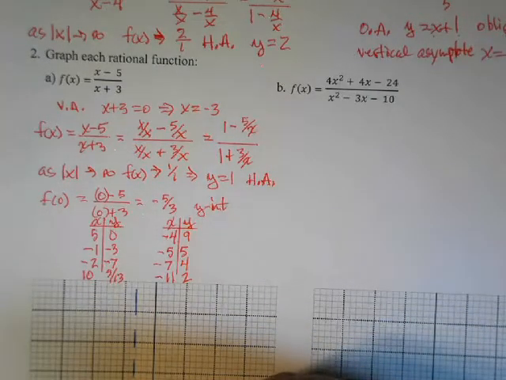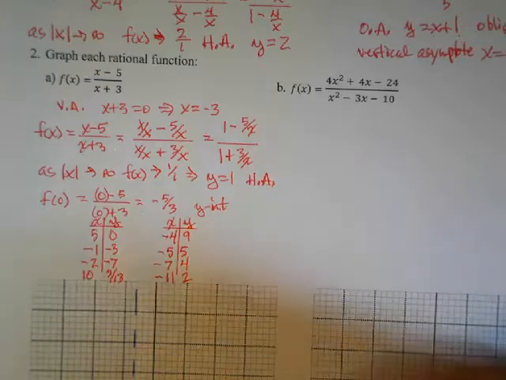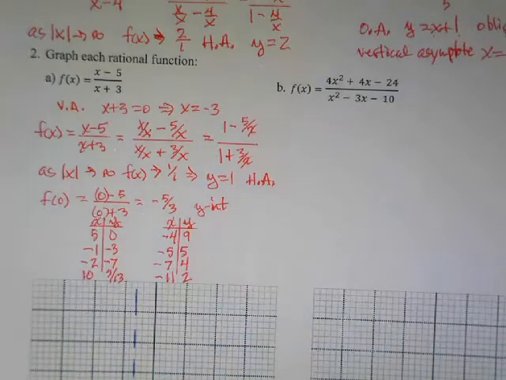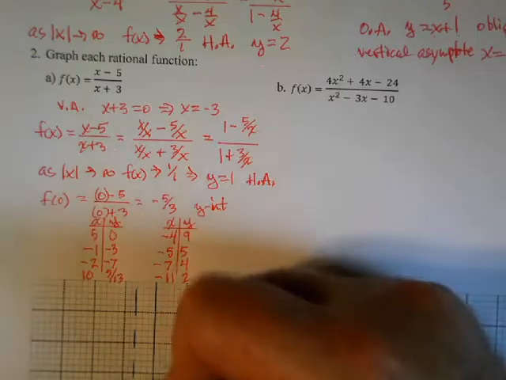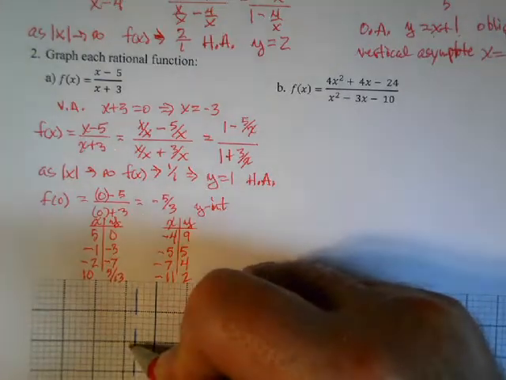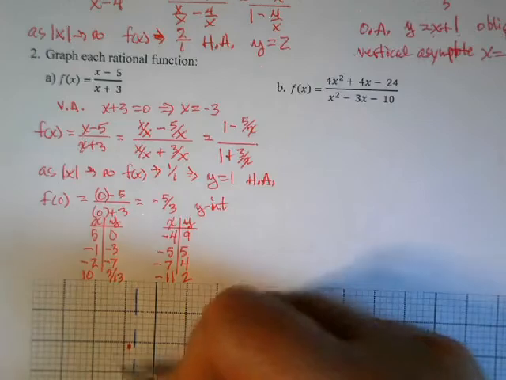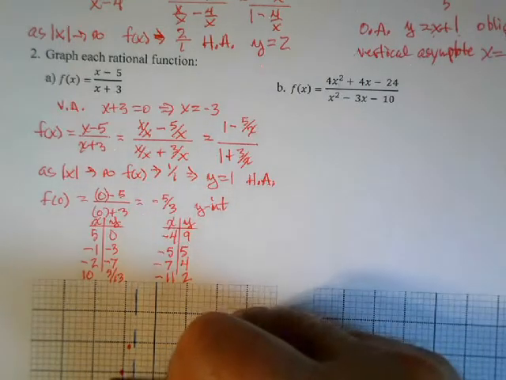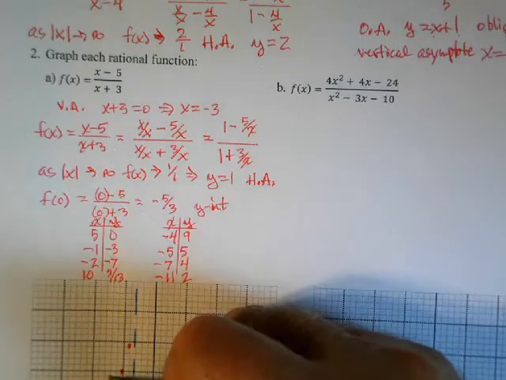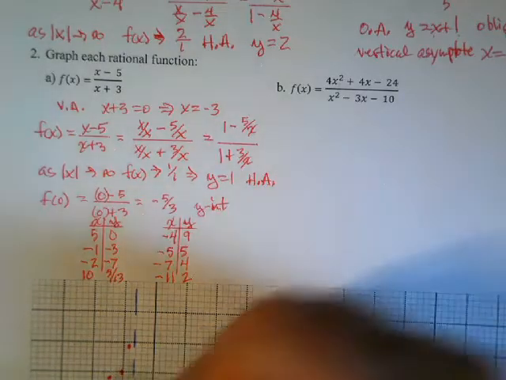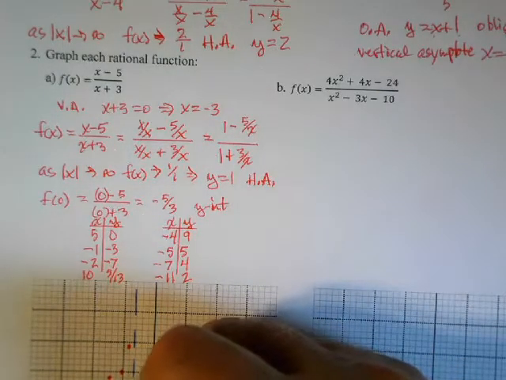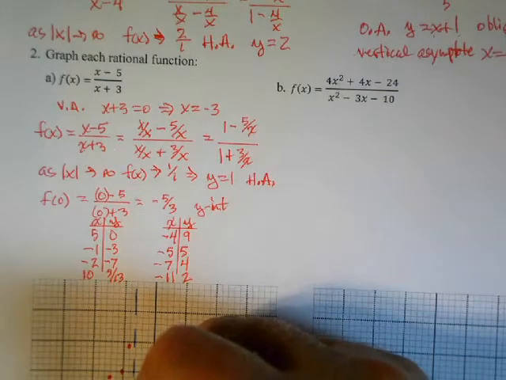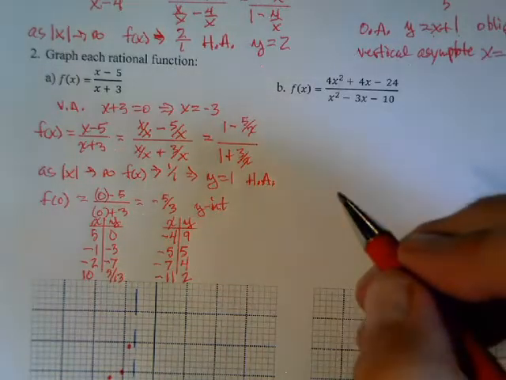Negative 4. Let's see. Negative 4 was 9, so that's up here. Negative 5 was 5. Negative 7 was 4. Negative 11 is 2. And 10 was 5/13.